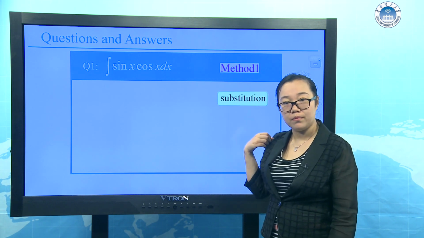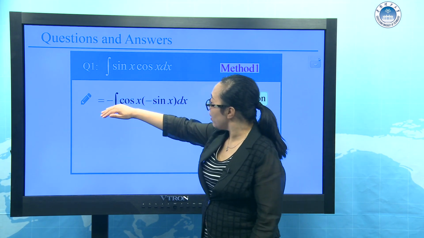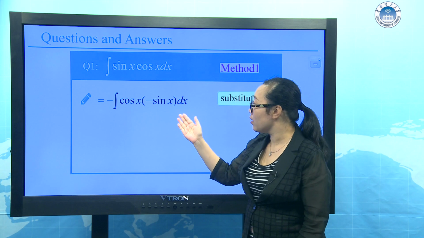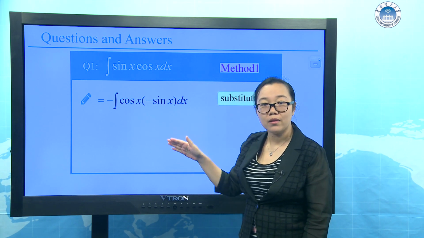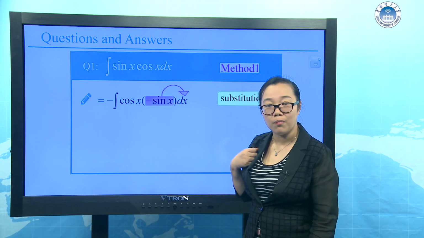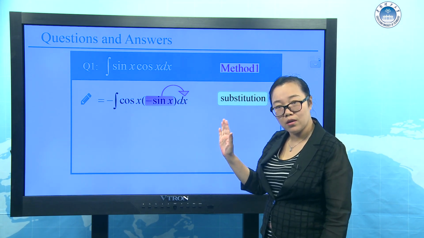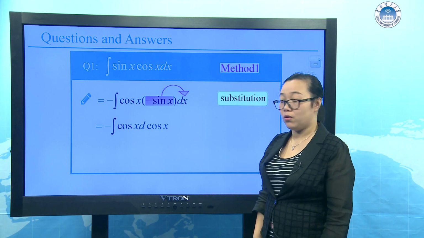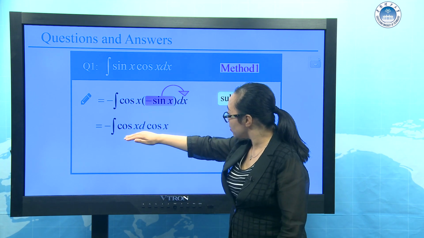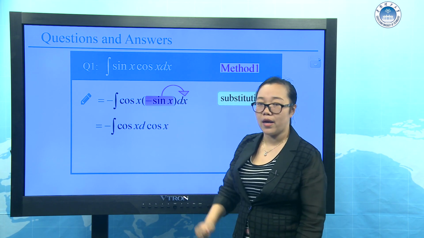So minus du, in differential form, is sin x dx, which we can write with a special variable. So sin x dx becomes minus d cosine x.